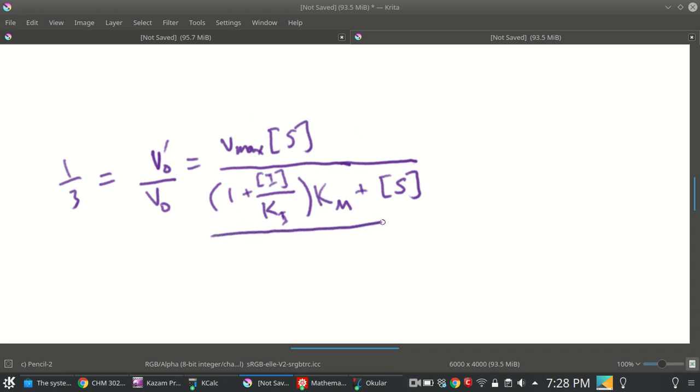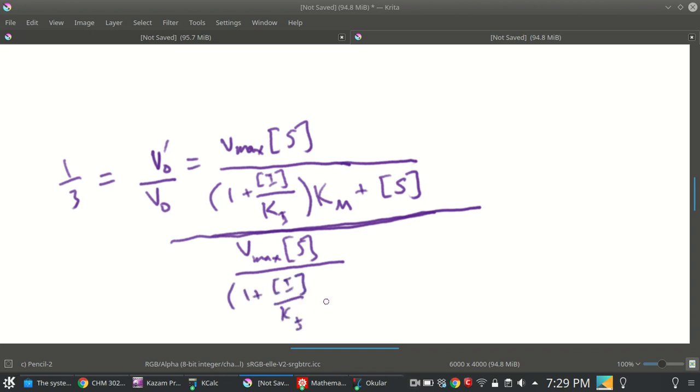But see, this is still V naught. So I need another V max here, S over, okay, let me make this bigger so it's easier to see. I'm trying to draw a ratio here for you. Ki, Km plus, so this is the inhibited V naught, and that's V naught prime.